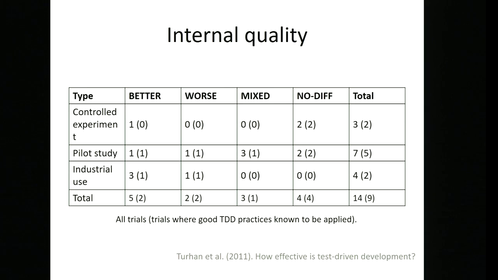So this provides us with some evidence, I would say, that it was better. I've got 5 there. It's good seeing 5 against the 2 where it actually got worse. So internal quality getting worse, I have to check those studies, actually. I don't know whether I've read the details of those. And then we can see sort of mixed or no difference.